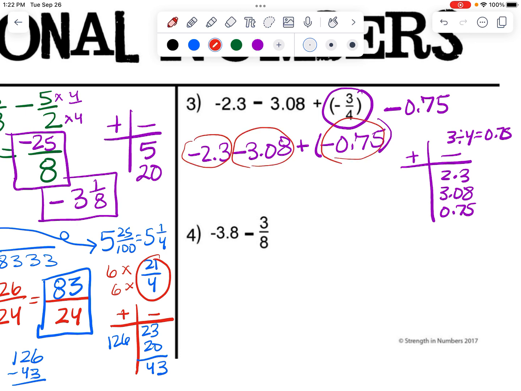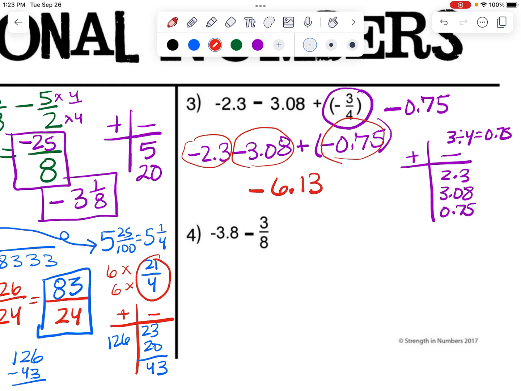And for all of them, those are negatives. So the negative team is definitely going to win. And I can use my calculator here. I'm going to add 2.3 and 3.08 and 0.75 together to find out that it is 6.13.